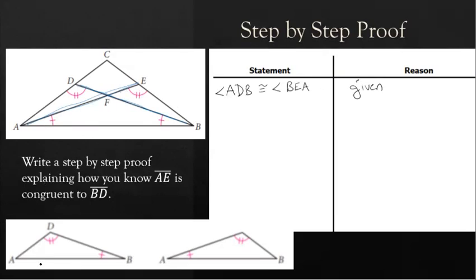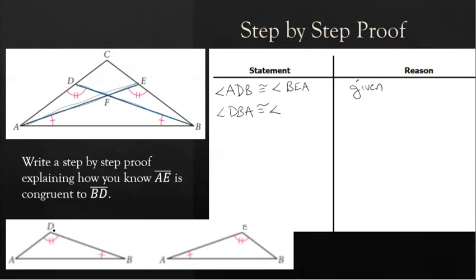What else is given? Well, we have angle B and angle A are congruent. So I'm going to name DBA is congruent to angle EAB.